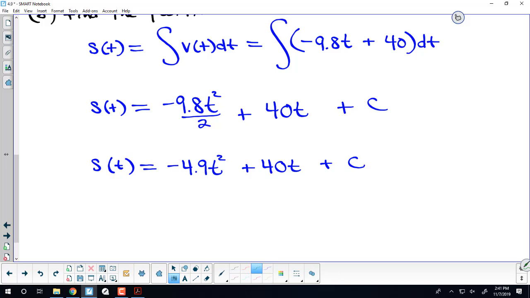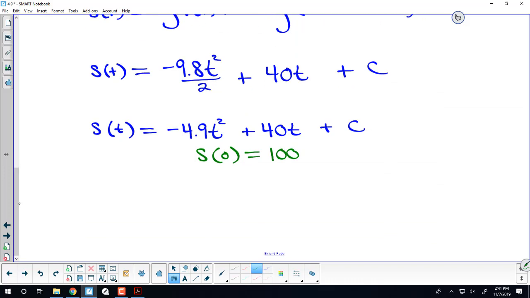What's the initial condition or value for position? 100, because it says at time equals 0, the object was thrown at 100 meters above. So the initial position, s of 0, is 100 meters. Again, we'll use that to solve for the c in our position function.